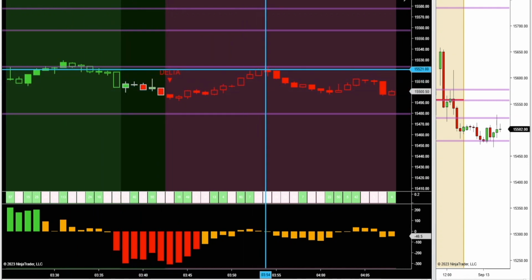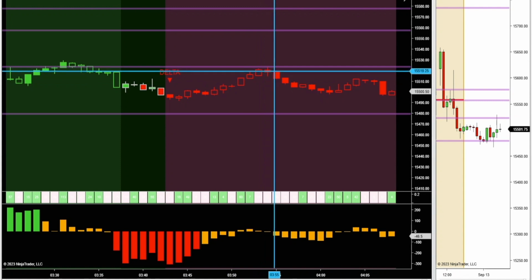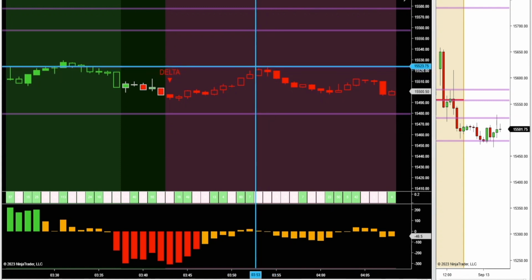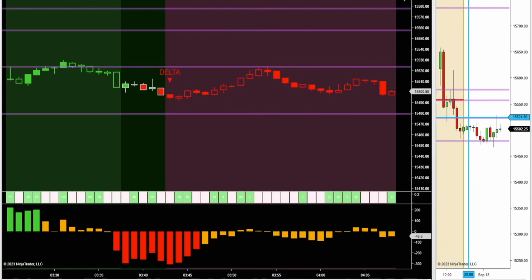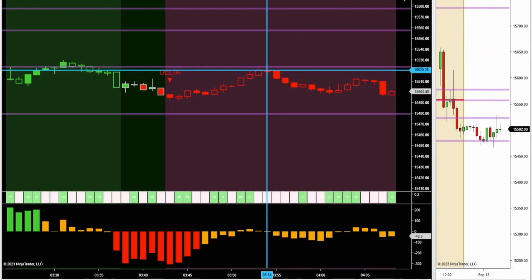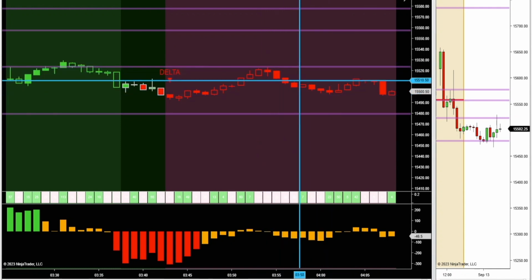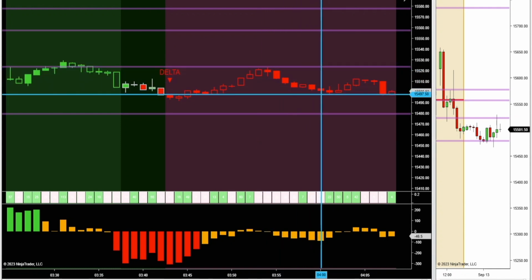Here we've got cumulative delta still red, and we're approaching the point of control line that we drew before the day even started. And once again, this point of control line held. Got a nice 25-point move down.